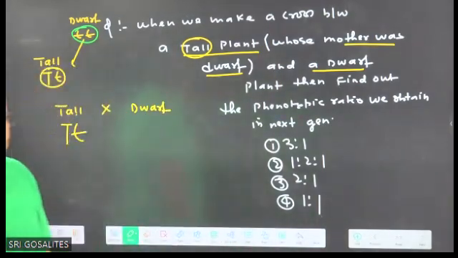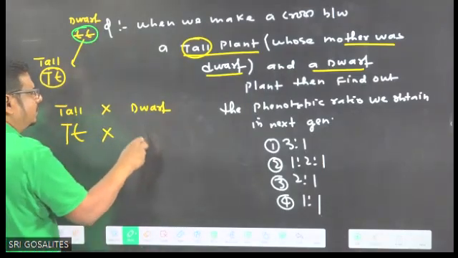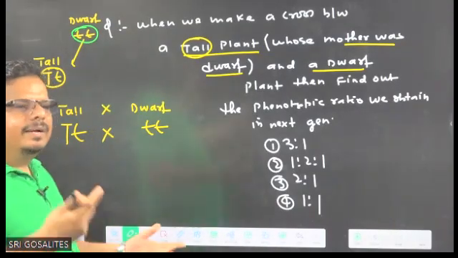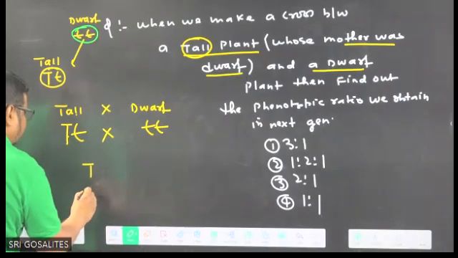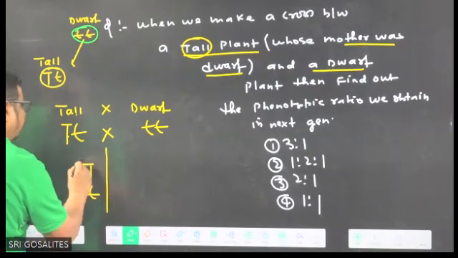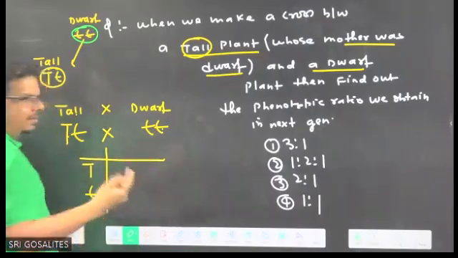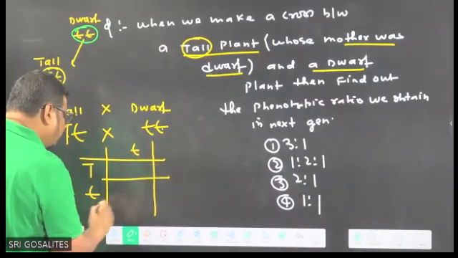Yes, very good. Now it crosses with dwarf. What is dwarf? You know, na? Small t, small t. Simply these things are required to write the genotype. Now make a cross. Capital T, small t, two types of gamete. Here how many types of gamete? One type of gamete. So what happened?